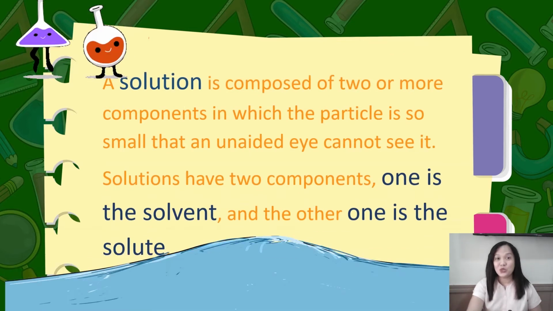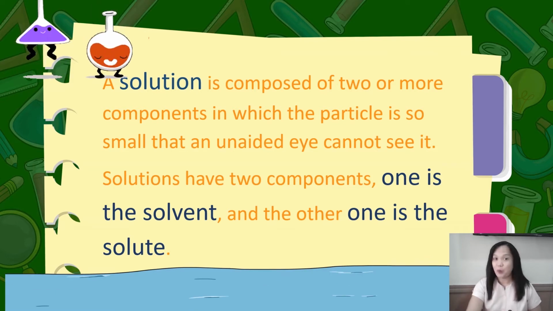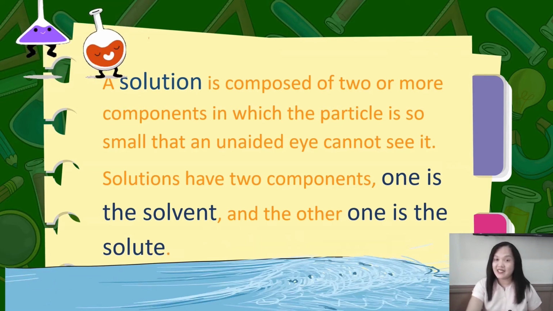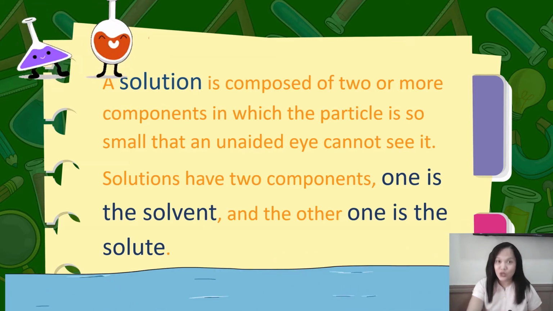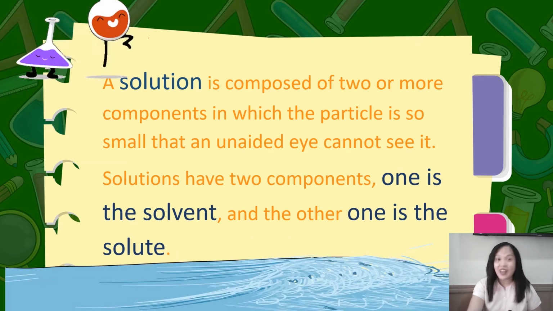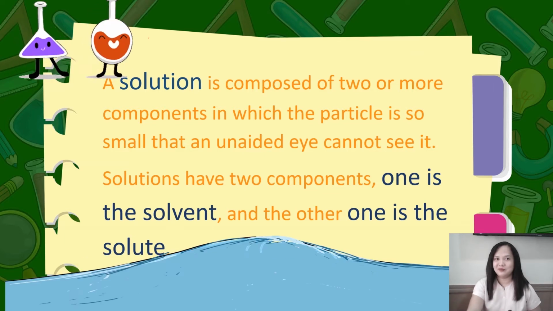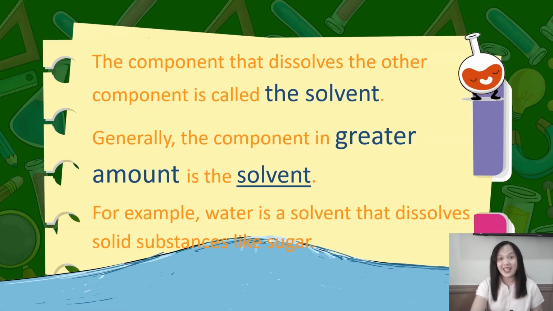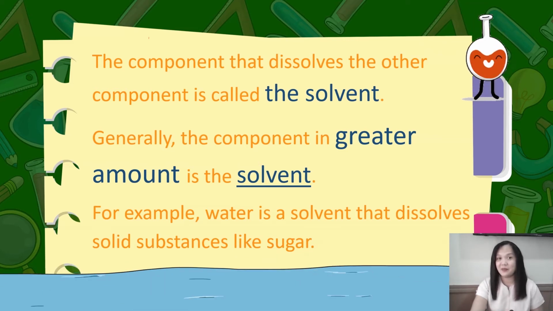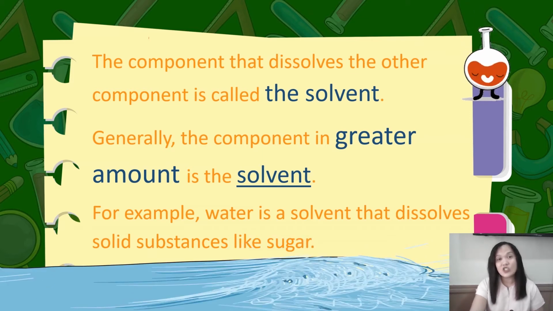A solution is composed of two or more components in which the particles are so small that an unaided eye cannot see them. Solutions have two components. One is the solvent, and the other one is the solute. The component that dissolves the other component is called the solvent. Generally, the component in greater amount is the solvent.